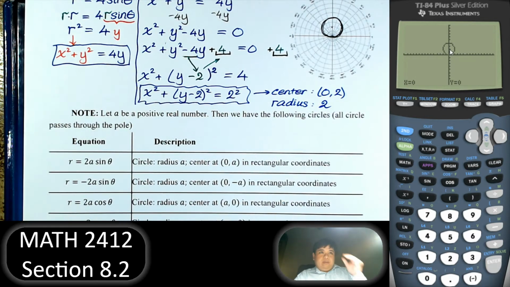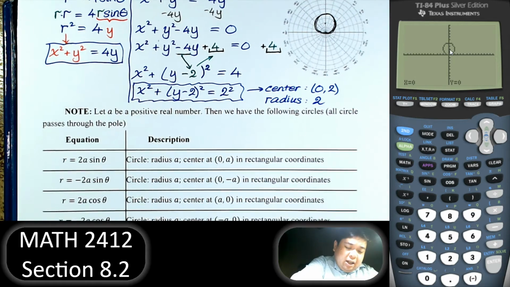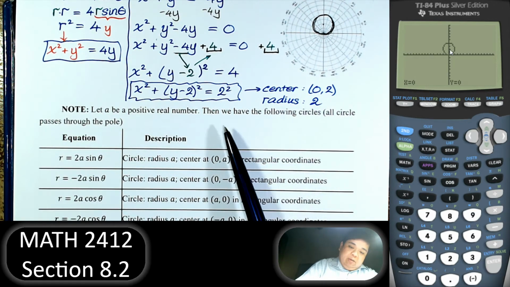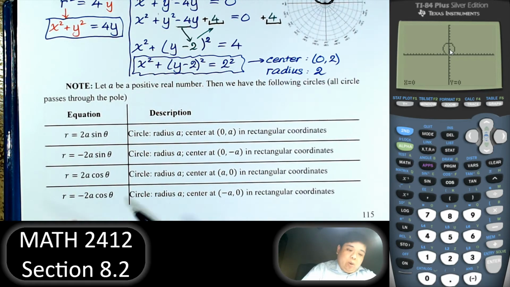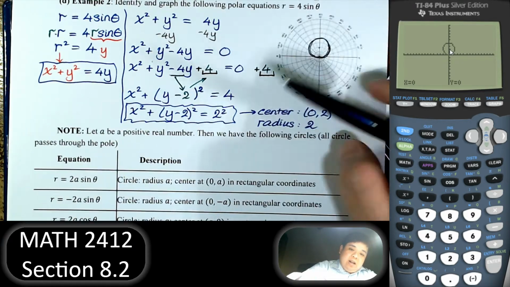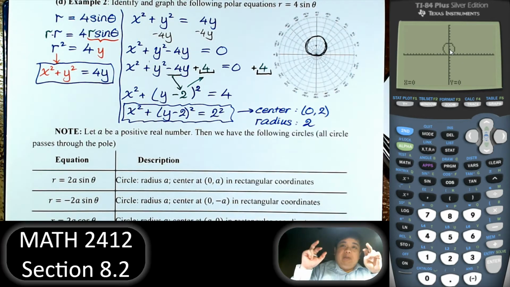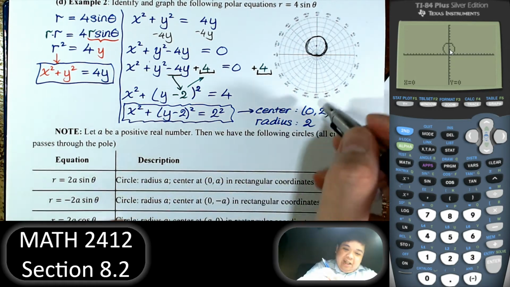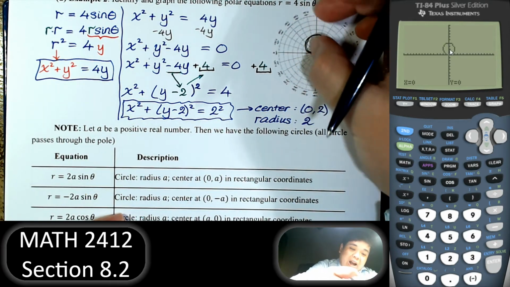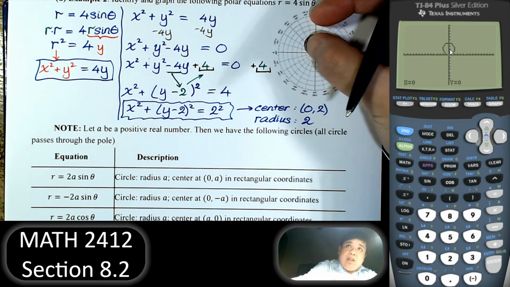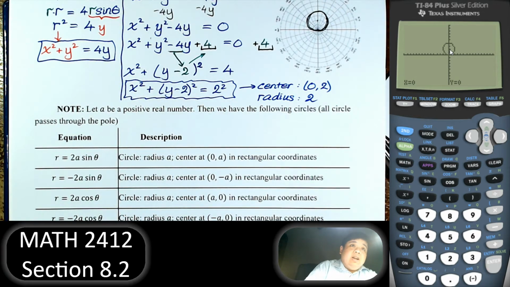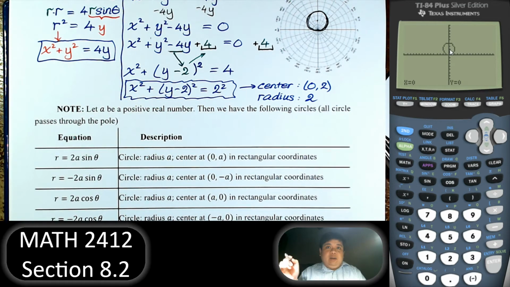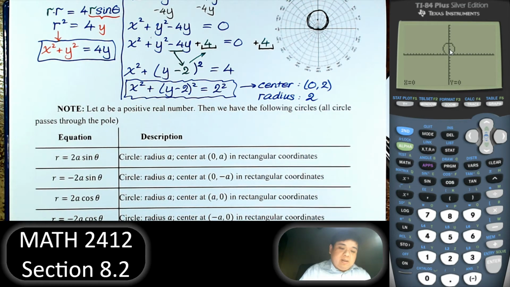So in general, if a is a positive real number, then we have the following circles that pass through the pole. Notice that when we have sine, the circle will be a vertical circle, with its center on the y-axis. If it's positive, it is above. If it's negative, it is below. If we have cosine, it's going to be left and right. Positive on the right, negative on the left.